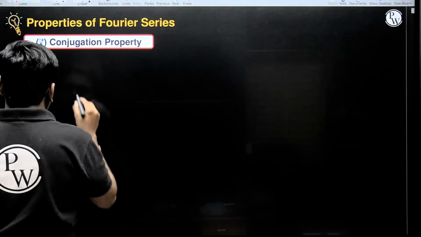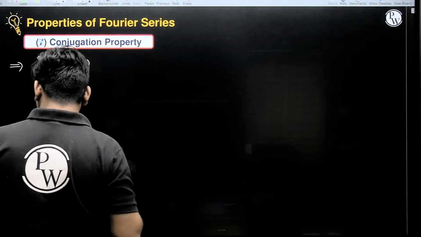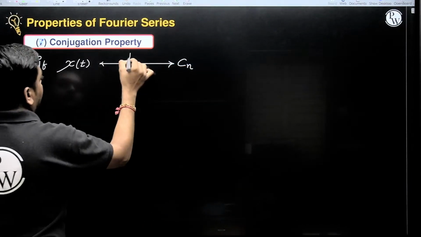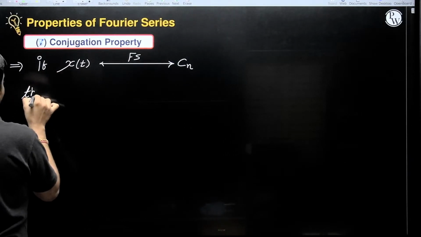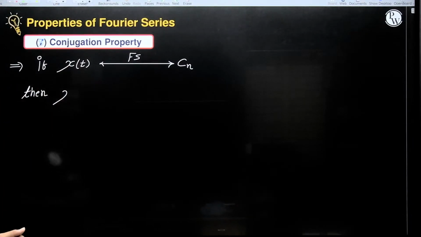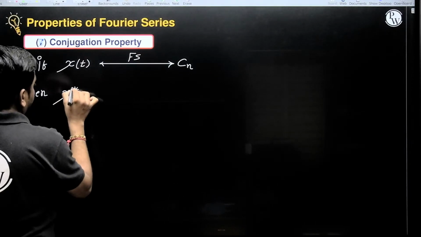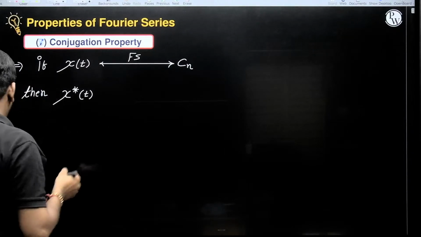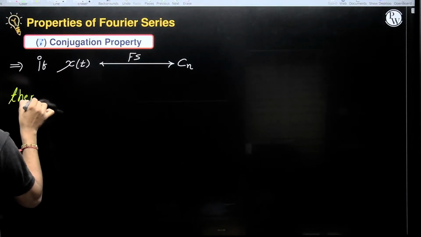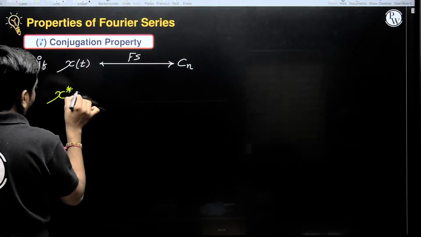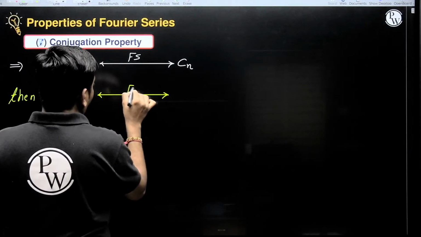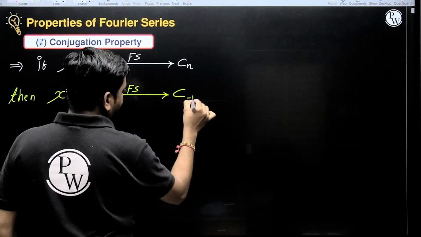Let us consider x of t, the complex valued signal, and take its conjugation. Conjugation means plus j becomes minus j, minus j becomes plus j. Then for x conjugate of t, the Fourier series coefficient is: first n becomes minus n, and then conjugation.